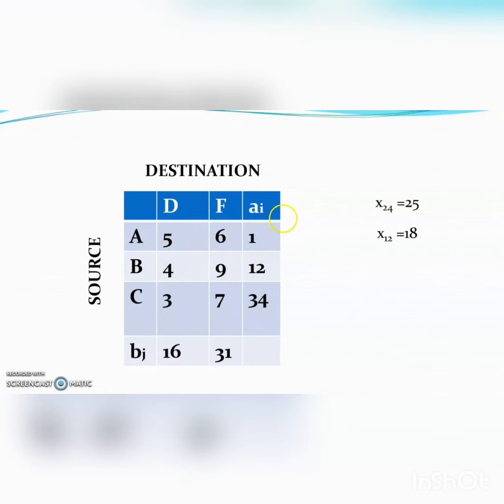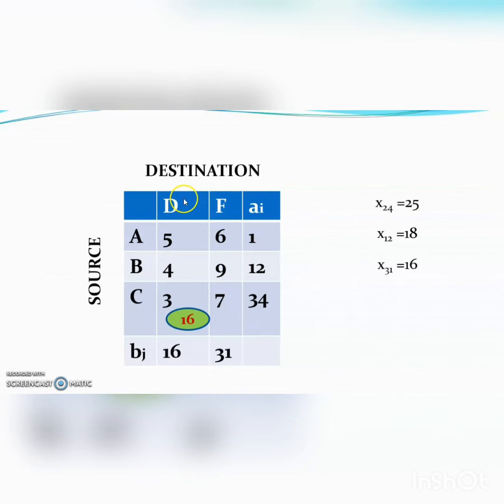Again, examining the cost matrix, we see that the minimum cost occurs in the cell 3, 1 and the maximum possible allocation that can be made in this cell is 16 units, which is the minimum of the availability and requirement. And the value of the decision variable x31 is 16.